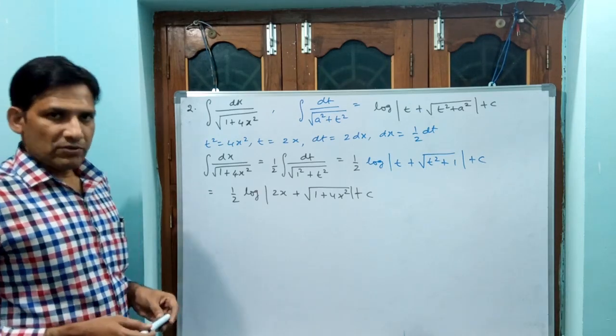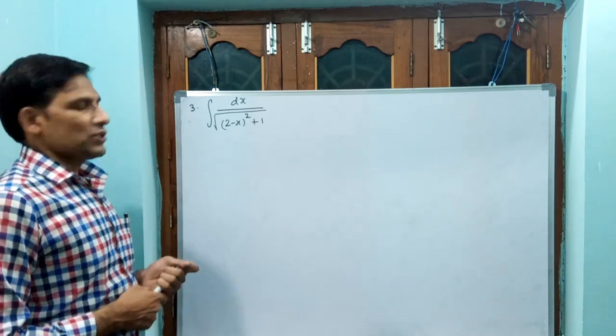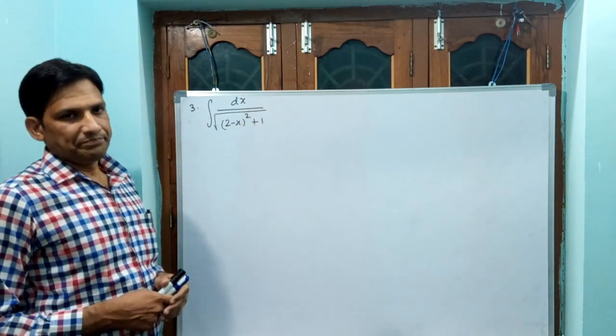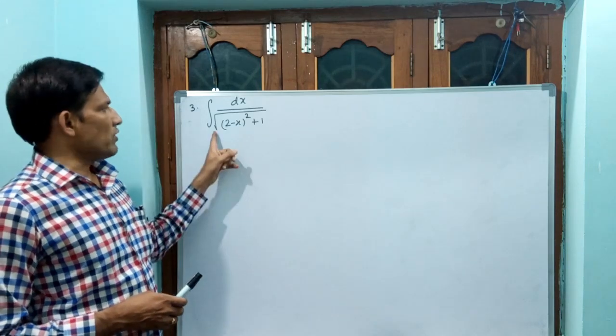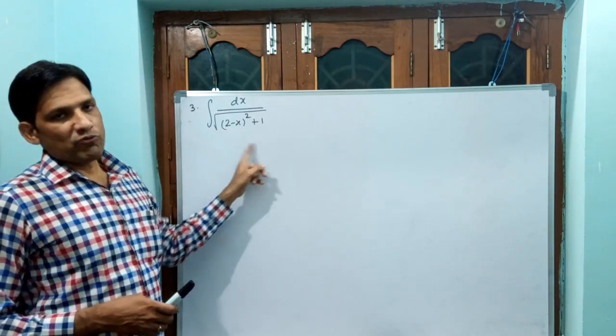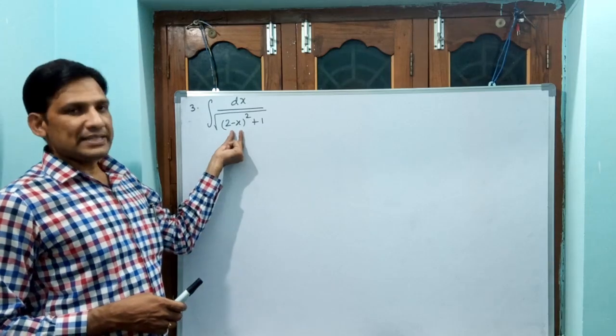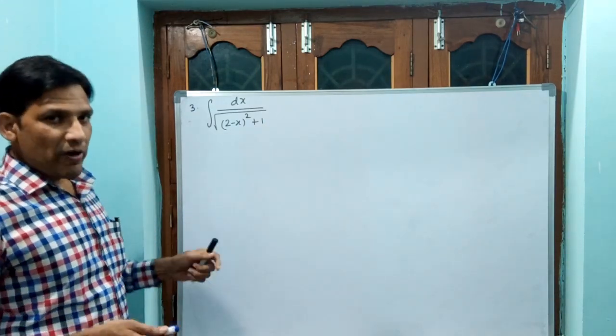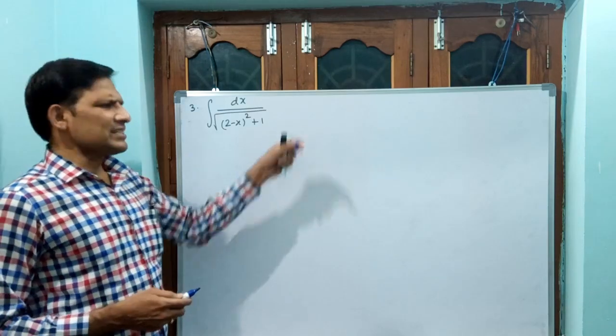Take this, we will go for the third question. See the third question: integral dx by square root of (2 minus x) whole square plus 1. This also has a square root, and a square plus x square is there. You think of this as x square, a square. See how I am rewriting the formula, just like the earlier formula.